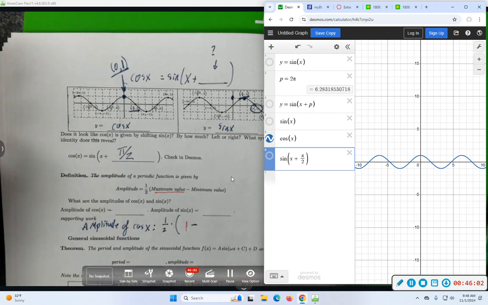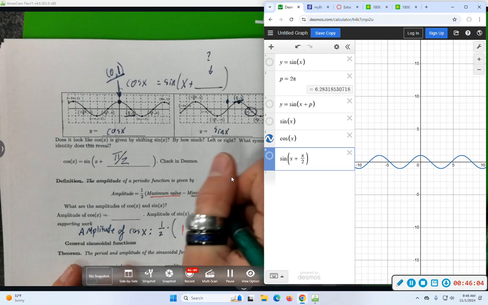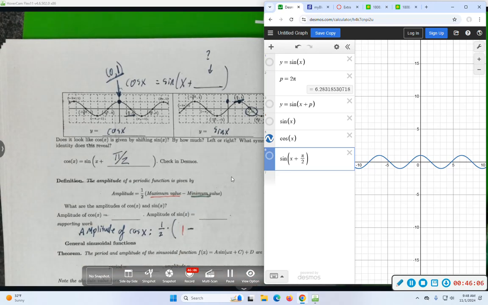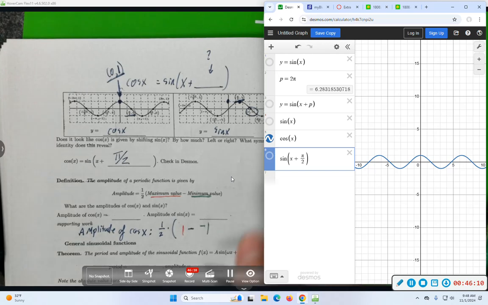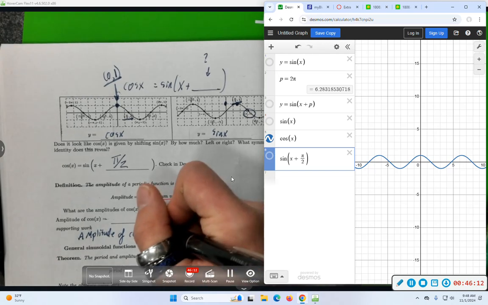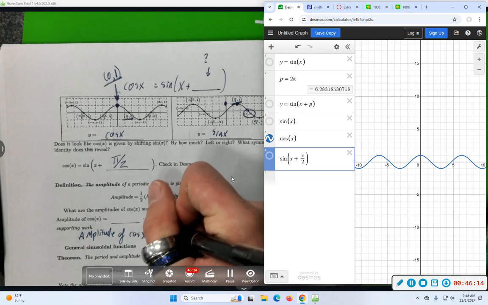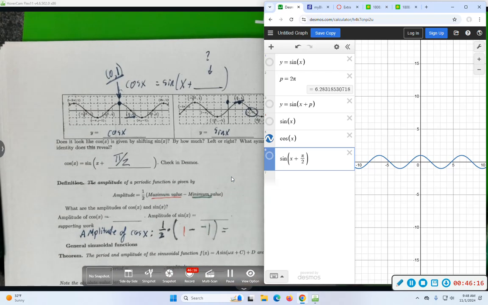Minus the minimum value. What's the minimum value cosine takes? -1. Close parentheses. Oh, cool. So what's the amplitude of cosine? 1.